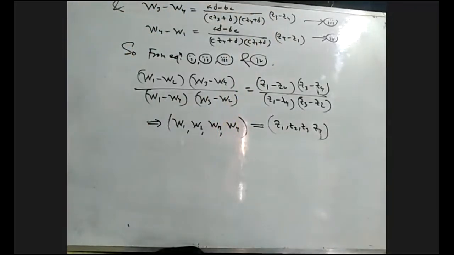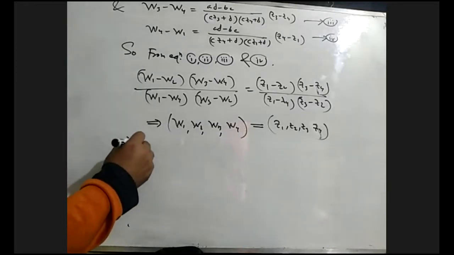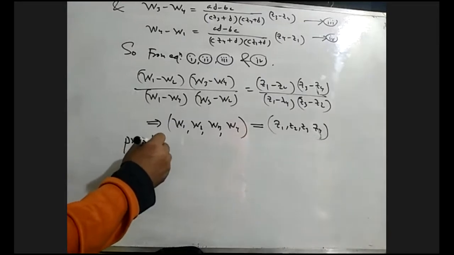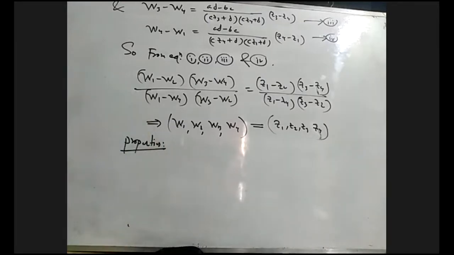Now properties of bilinear transformation. Some important properties of bilinear transformation. A bilinear transformation maps circles into circles.